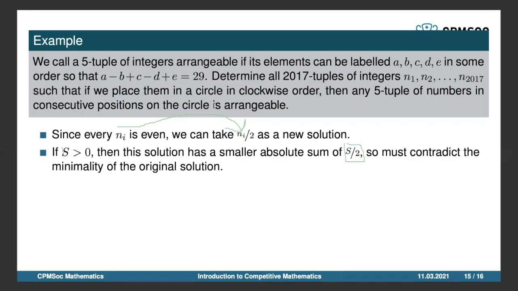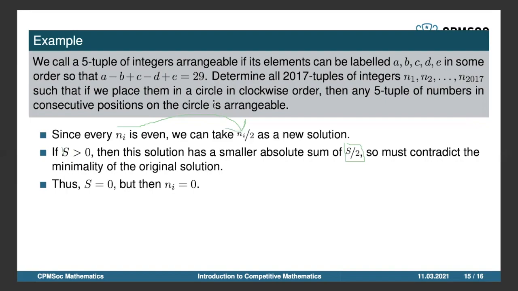It should be impossible to have a sum that is less than S, but somehow we've reached a sum that is less than S. So that's our contradiction. So it means that it's impossible for the sum of the absolute values of the numbers to be more than 0.